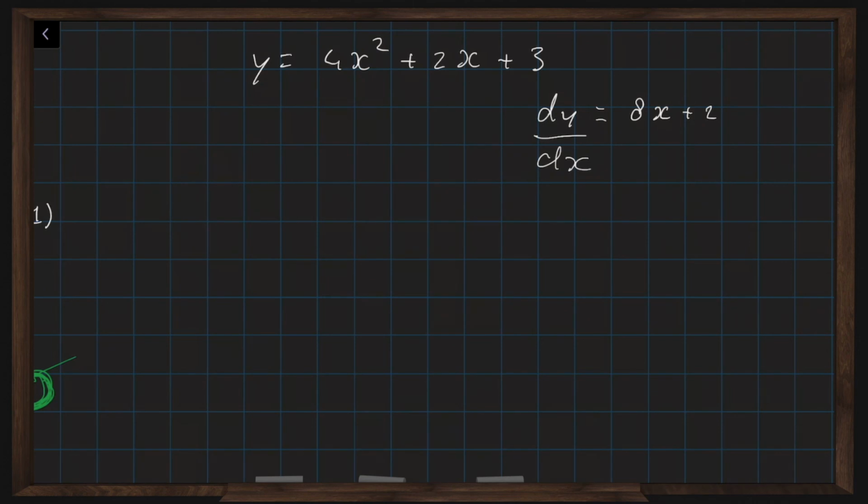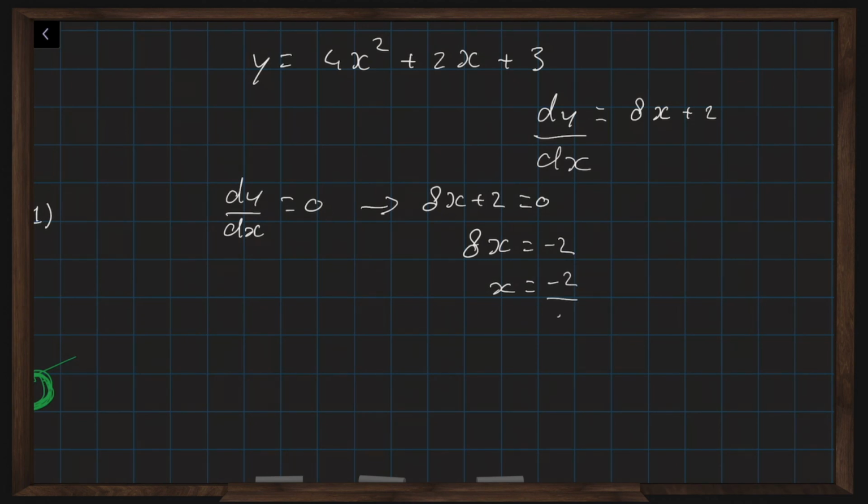We now want to find when dy by dx is equal to 0. And this is quite straightforward. We set 8x plus 2 equal to 0. And then we find this is the case when 8x is equal to minus 2, or x is equal to minus 2 over 8.